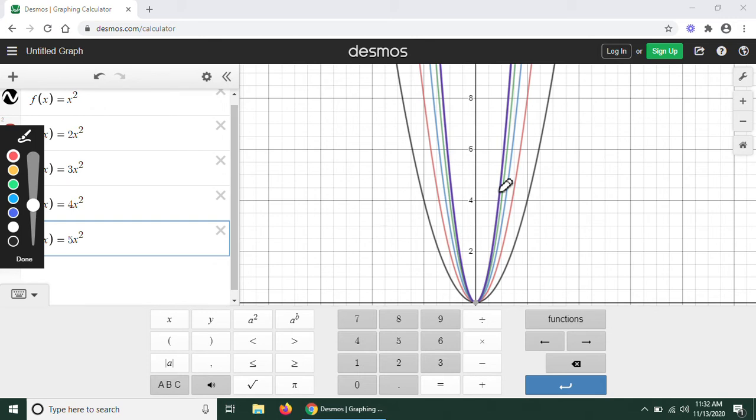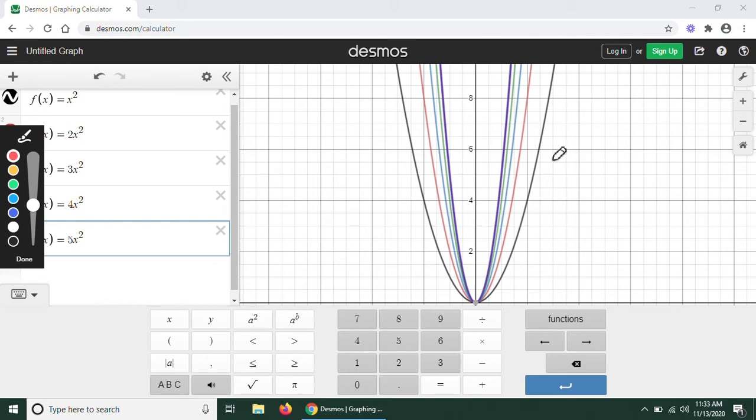So as the value on the outside of the original function increases, the graph gets thinner and thinner. This is an example of a vertical stretch.